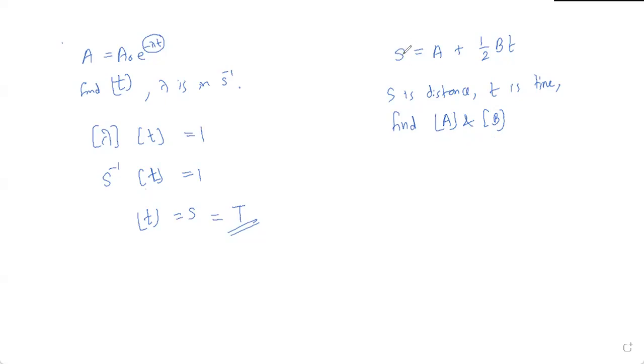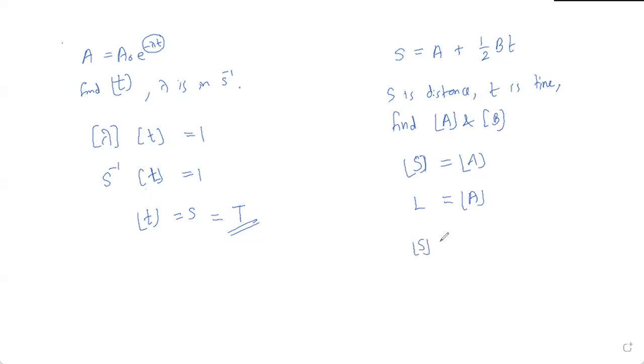So S is distance and A should have the dimensions of S, no? Dimensions of S is equal to dimensions of A. Then S is distance, so that is in L. So dimensions of A is equal to L. Then this half is a number, no? You don't need to consider that.